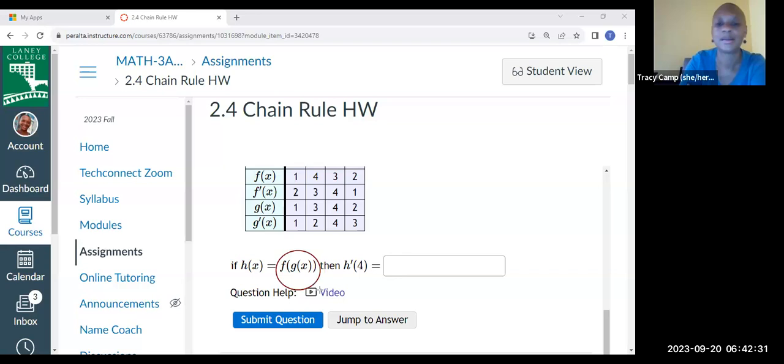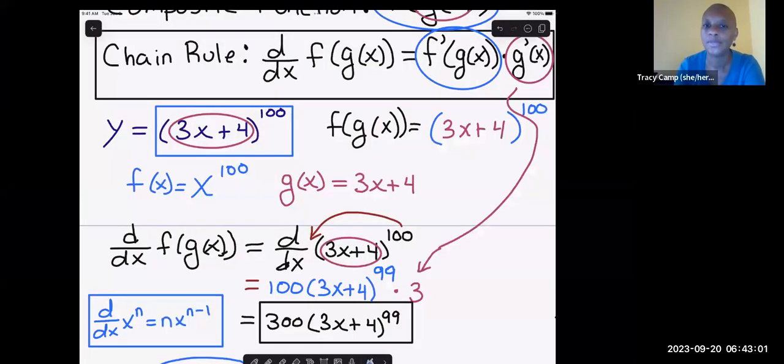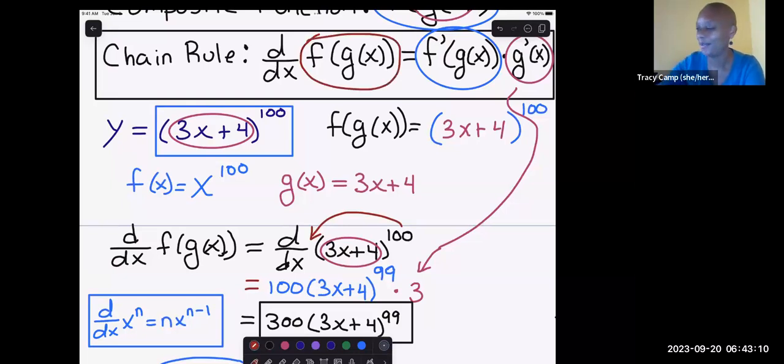That's exactly how I wrote the rule. Here, let me show you. The derivative of f of g of x is equal to f prime of g of x times g prime of x. So we can straight up write the rule right there.